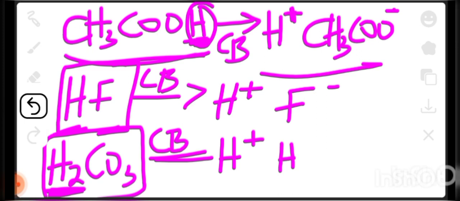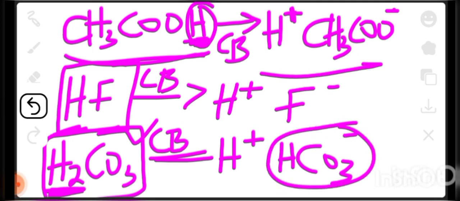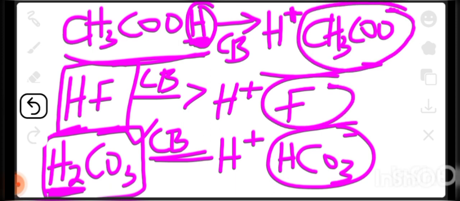So HCO3. Then to cancel out this, because this one doesn't have any sign, so to cancel out that sign that is already in there, H plus, you put minus. That's what you are going to do. So this is the conjugate base. So after I remove this H plus, the one left will become the conjugate base.